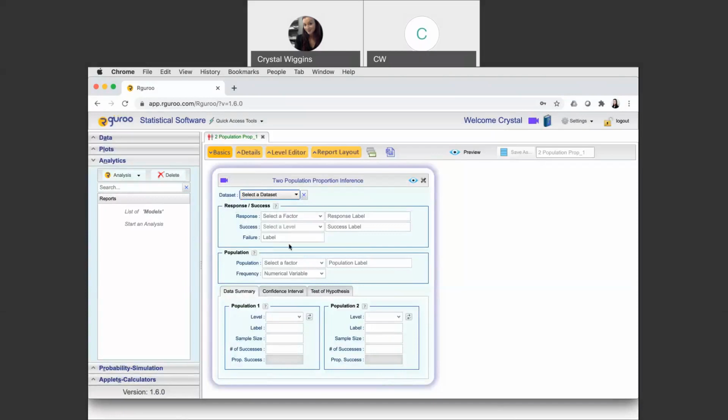Our response label is going to be the plants. Our successes is going to be the defective phones. Again, just because it's called a success doesn't mean it's a positive thing. It's just what we're looking for.